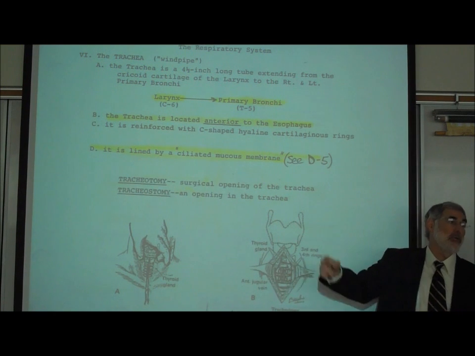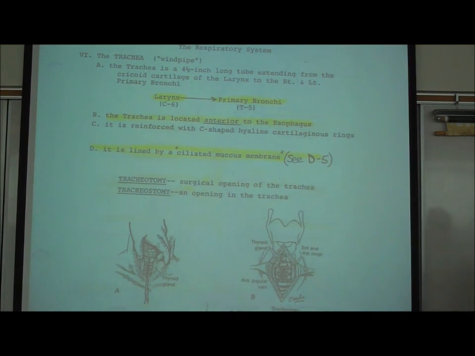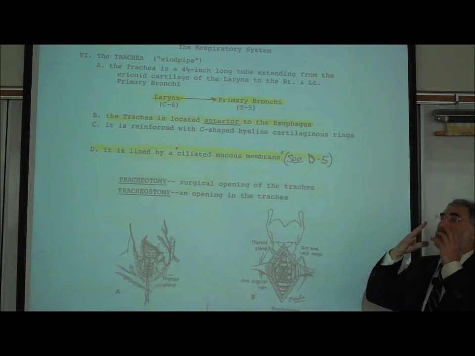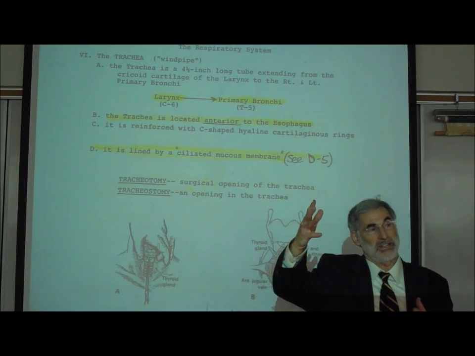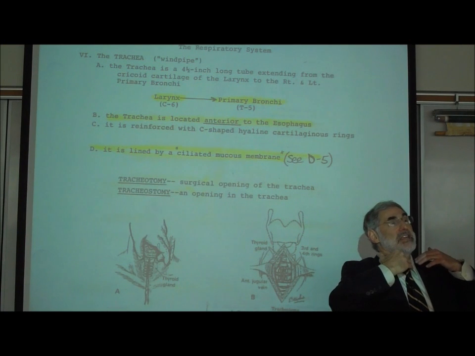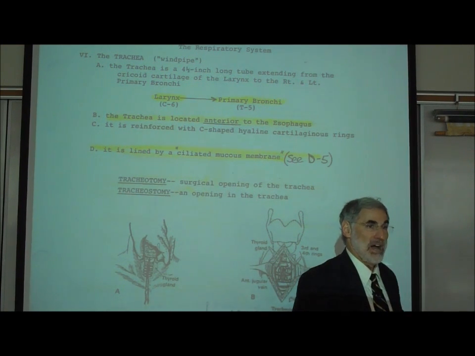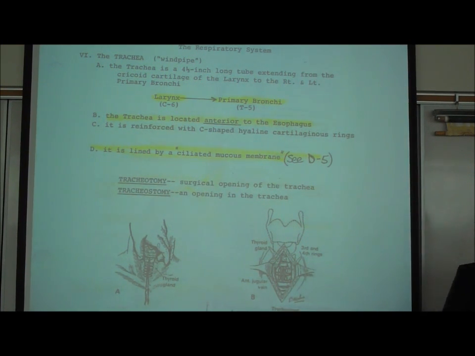We first learned that way back on D5. So the ciliated mucous membrane is what we find lining the inside of our nasal cavities and the nasopharynx, and beginning with the trachea all the way down to the air sacs. So wherever there's just air, and only air, flowing, that's usually lined by a ciliated mucous membrane.